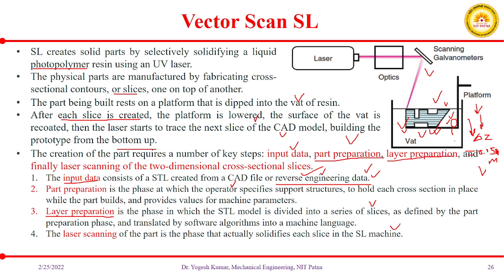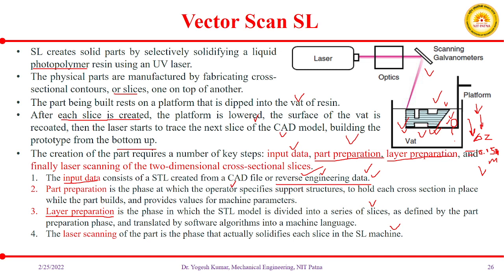Okay, so in the fourth stage, your UV laser is scanning your slices of 2D cross section, because obviously the cross section of this sliced part is 2D.